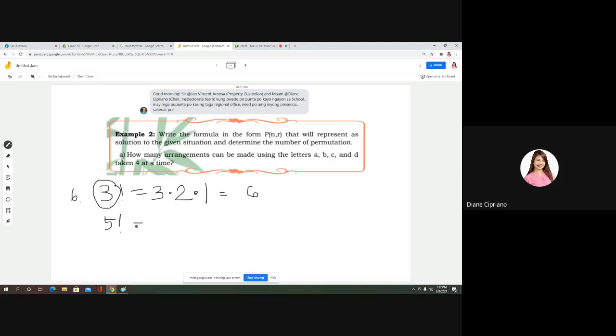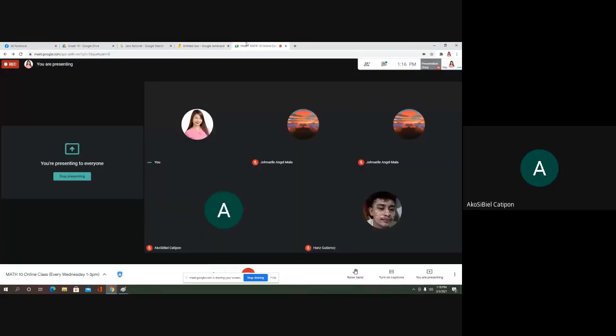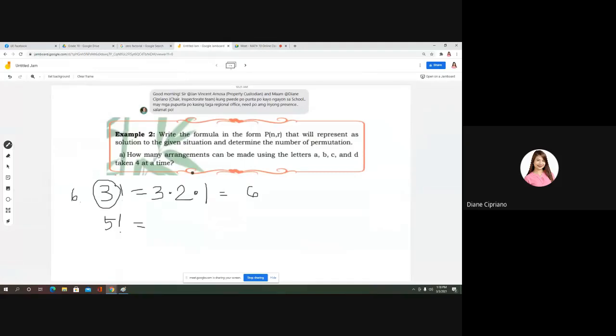What is 5 factorial? Biel. The expanded form, Biel, of 5 factorial. 120, ma'am. No, the expanded form first. 5 times 4 times 3 times 2 times 1 po.